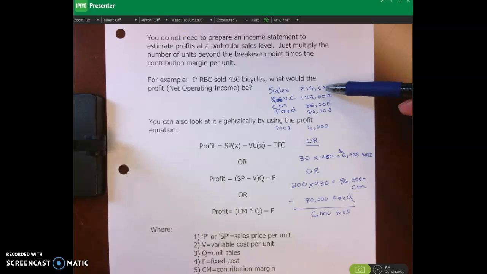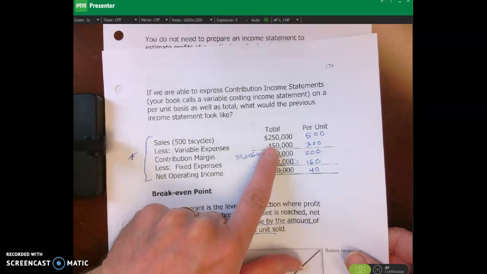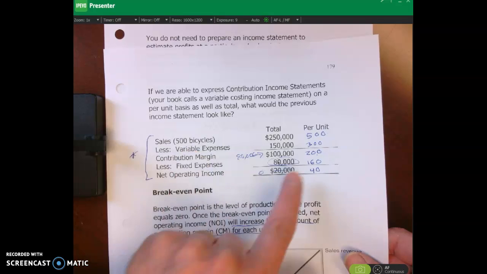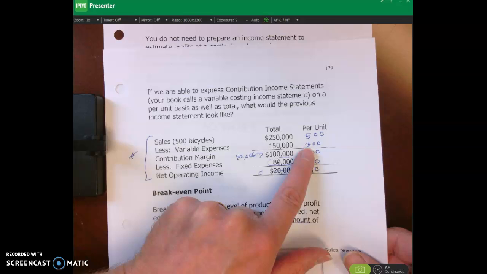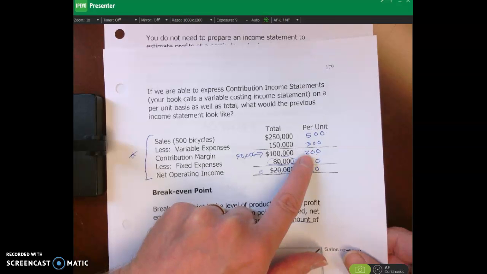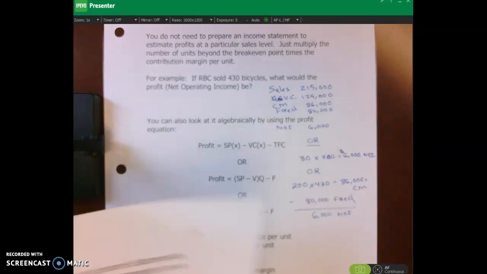The way that you probably solved it was to go back through and redo that income statement at 430 bikes. I mean this one, 500 bikes. We know that the selling price is $500 a unit, our variable expenses are $300, and fixed costs also stay the same.